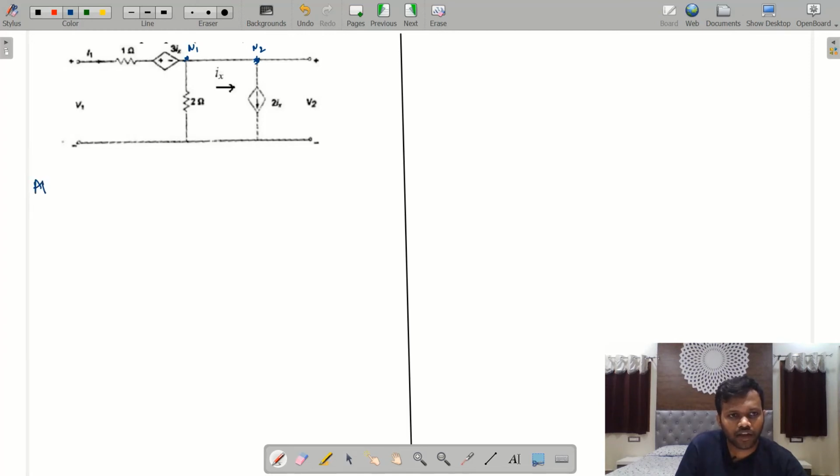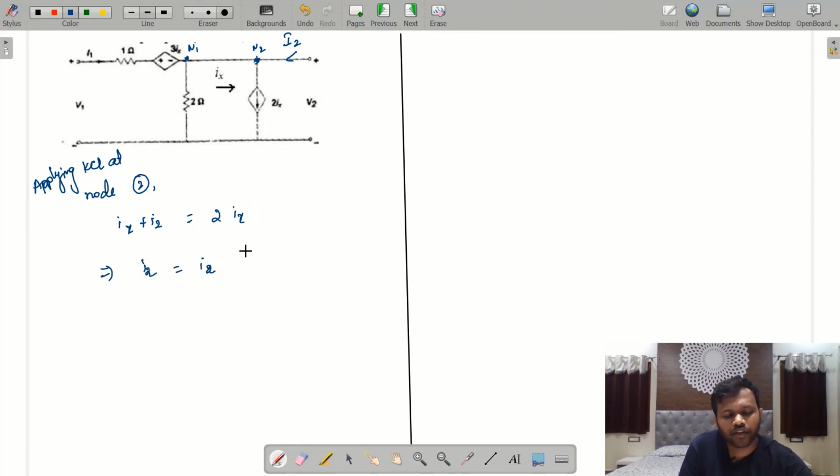Applying KCL at node 2, what are the incoming currents? Ix plus I2 are the incoming currents, and what are the outgoing currents? 2 into Ix. So what can we write? I2 equal to Ix. This is my equation 1.